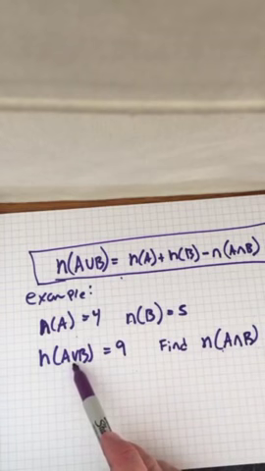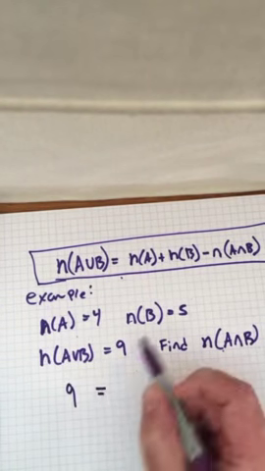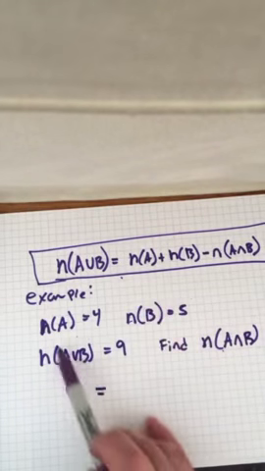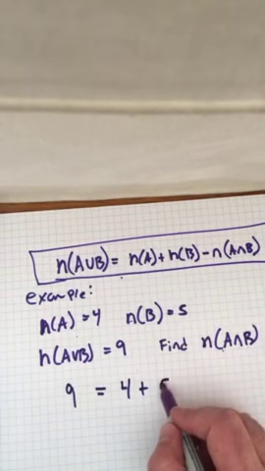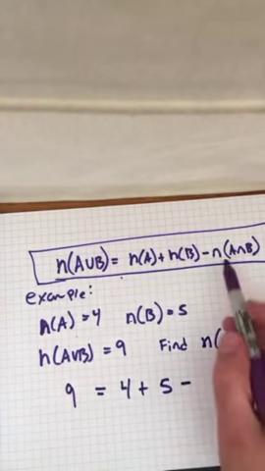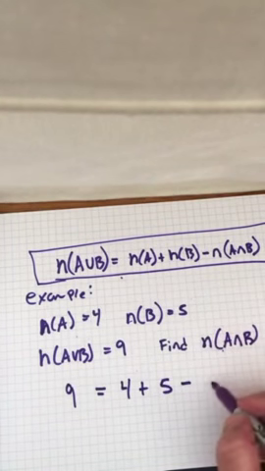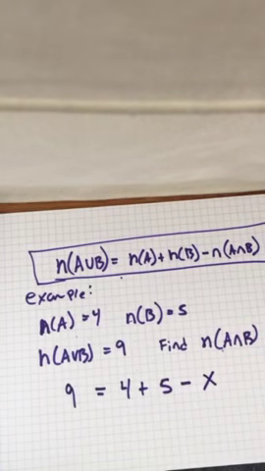So I know that the cardinality of the union is 9, so I'm going to write 9 equals, now I ask what's n of A, that's 4, plus what's n of B is 5, minus cardinality of A intersect B.